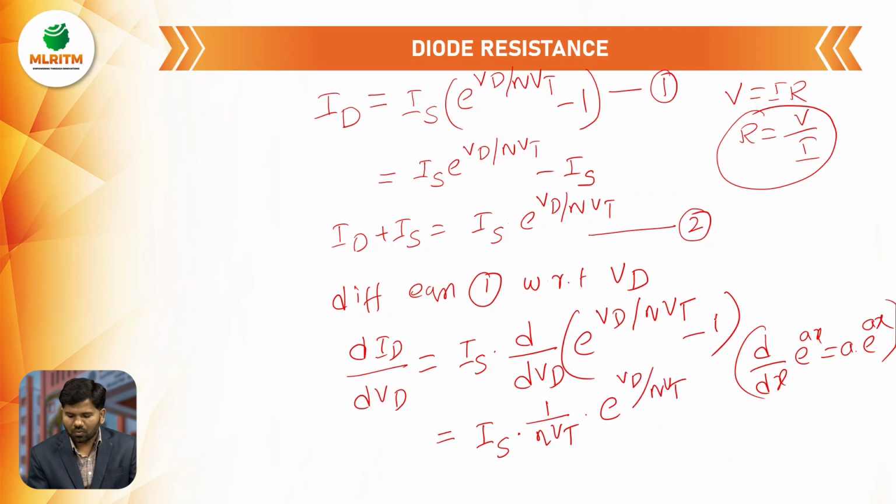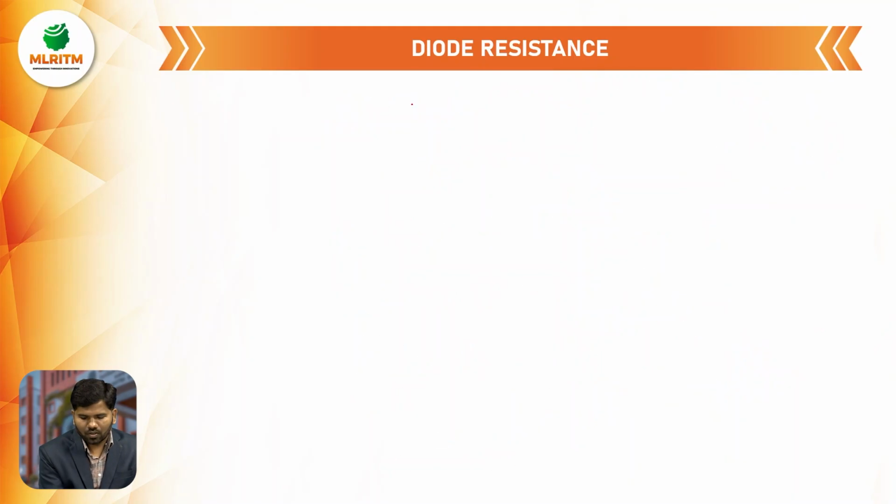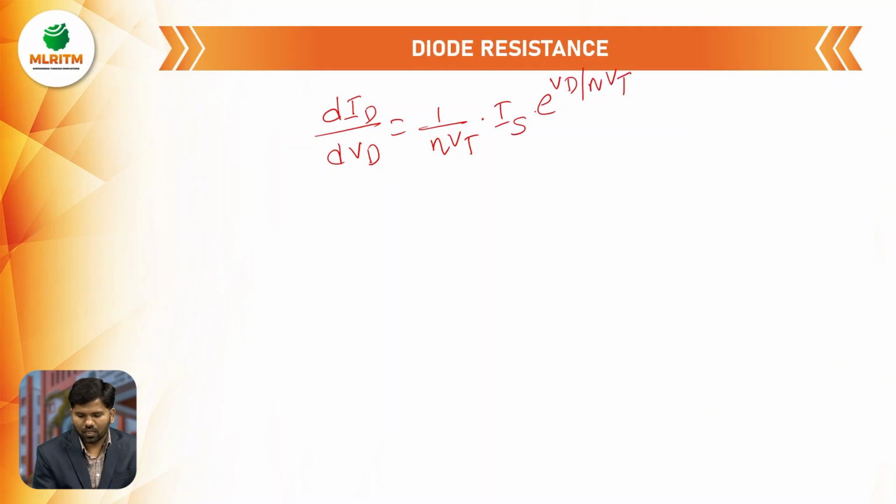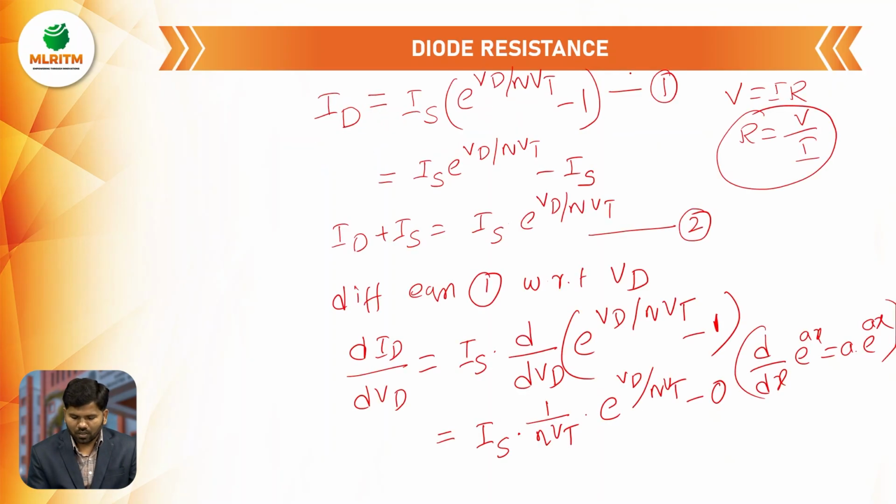The differentiation of this constant value is 0. So now we can write dID by dVD is equal to 1 by eta VT into IS into e power VD by eta VT. We can reframe this equation.